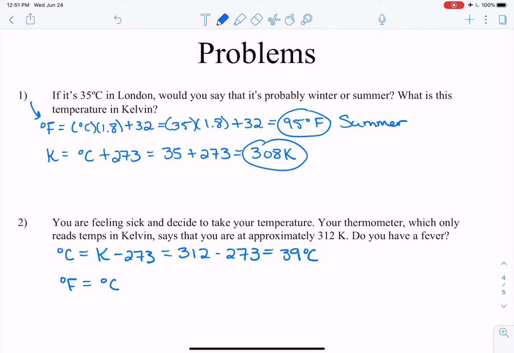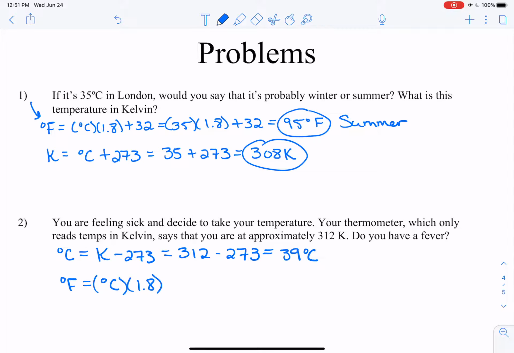Okay, so for the rest of us, we've got to go to Fahrenheit because most of us know that the average normal body temperature in Fahrenheit is 98.6. And of course, there are articles coming out left, right, and center saying that might not be exactly right.